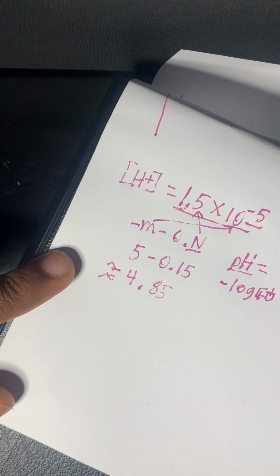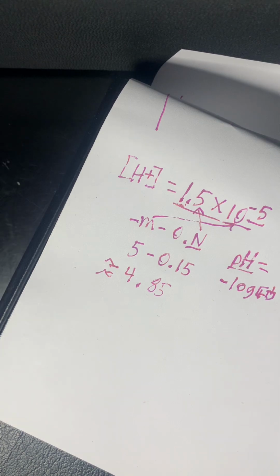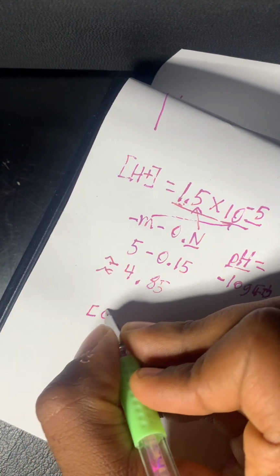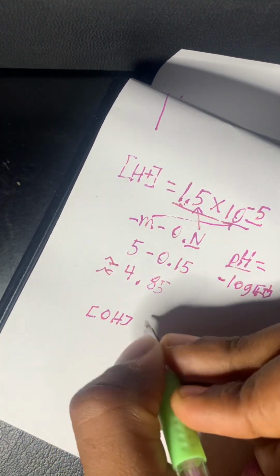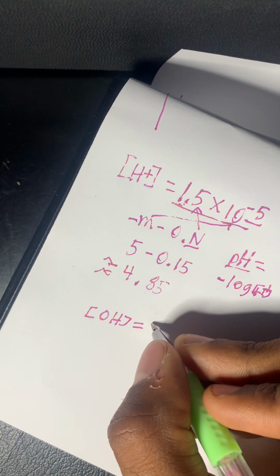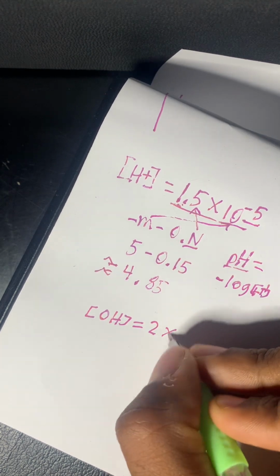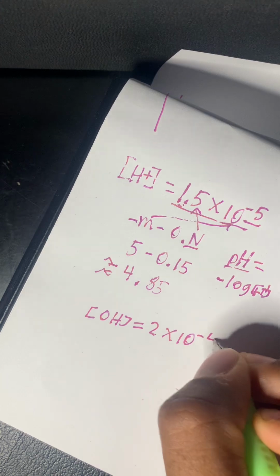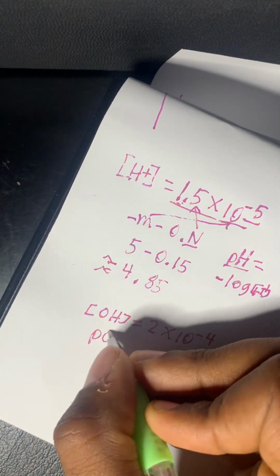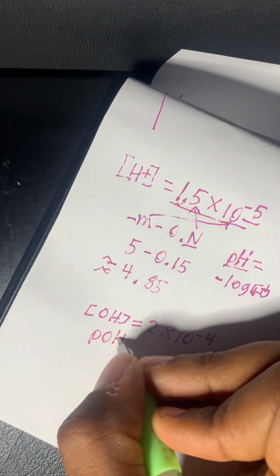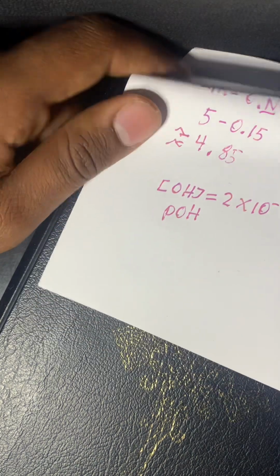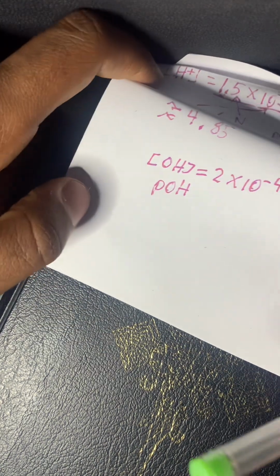Maybe we should do one more example just so what I'm saying makes more sense. So the concentration of OH, let's say we're given it to be 2 times 10 to negative 4. And from that, we're tasked with finding the pOH, or the power of the hydroxide. Let me move the earlier equations up, just so we have some more space to work with.